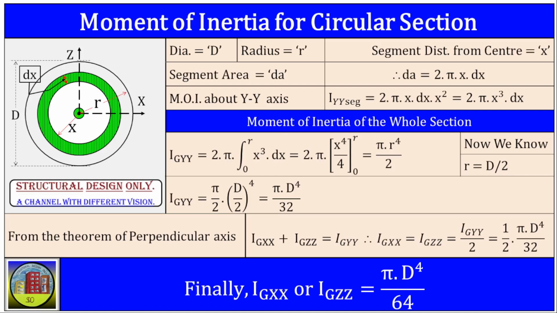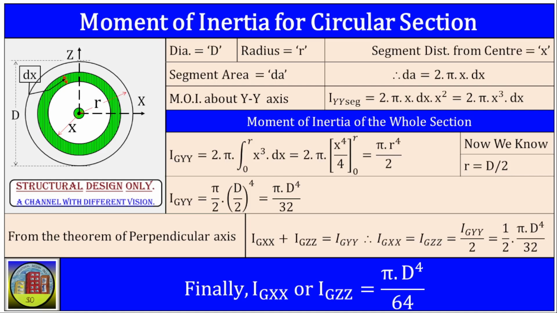To find the moment of inertia of this small ring about the y-axis, we multiply its area by the square of its distance from the axis. This gives us Iyy of the ring equals 2 into pi into x into dx into x square, which simplifies to 2 into pi into x cube into dx.